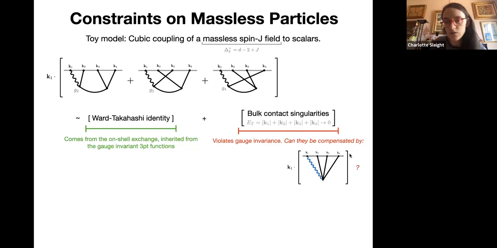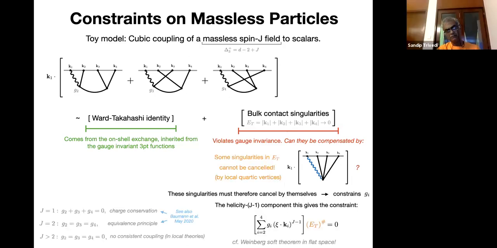To proceed, you can classify the singularities in ET that can be generated by all possible such local quartic contact interactions. And if you subtract all of them off from the exchange, you still find that left over, there are singularities in ET that are purely exchanged, that can't be generated at all by a local quartic contact interaction. So this is what gives you the constraint on these couplings G, because to achieve gauge invariance, these terms have to vanish by themselves.